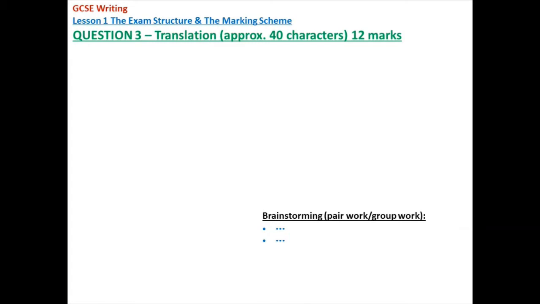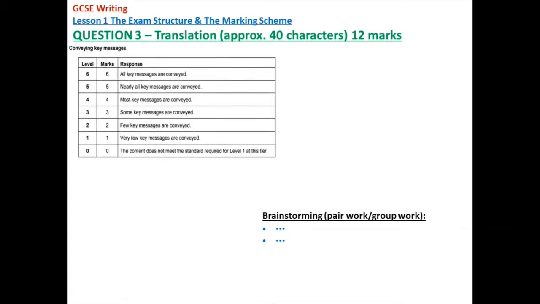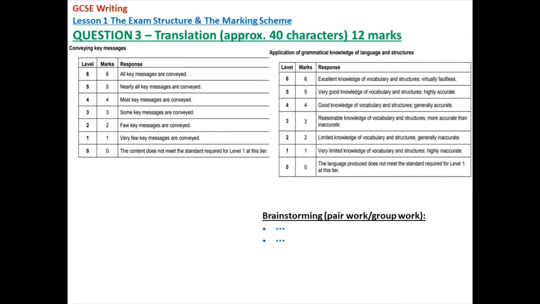Okay, so now let's have a look at the marking scheme first. It's pretty straightforward, actually. All key messages are conveyed. They will give you 3 or 4 sentences, then you have to translate them. If you cover all the key messages, then you score.